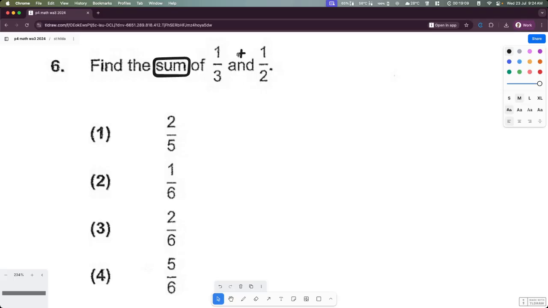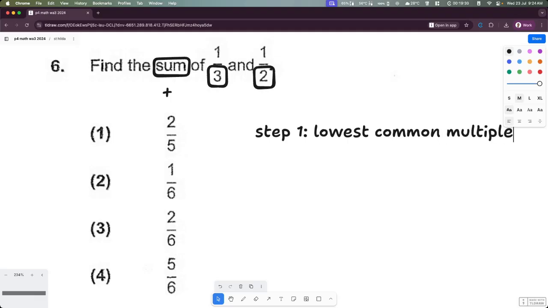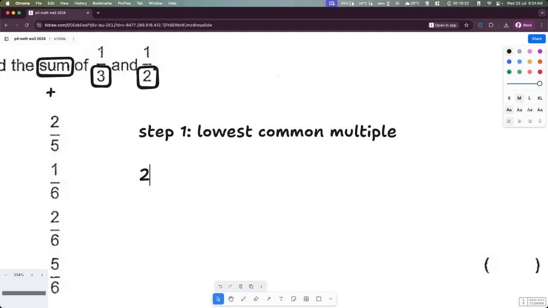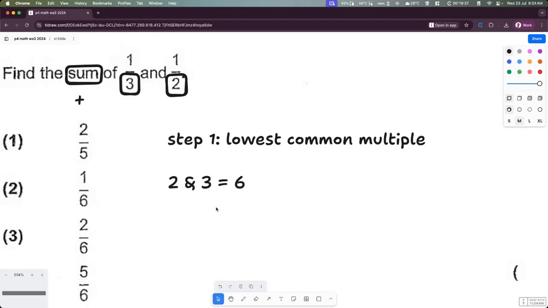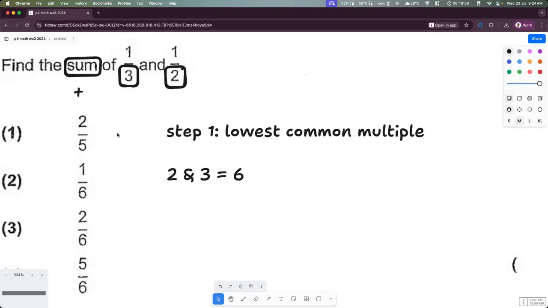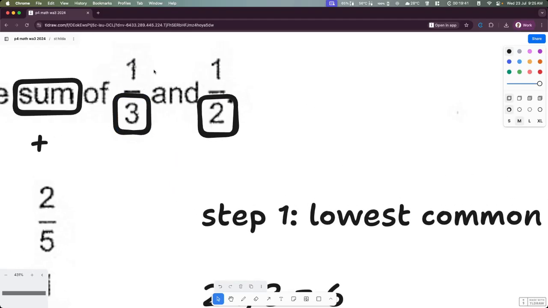Since the denominators are different, the first step is we want to get the lowest common multiple. So in this case, for 2 and 3, it is 6.